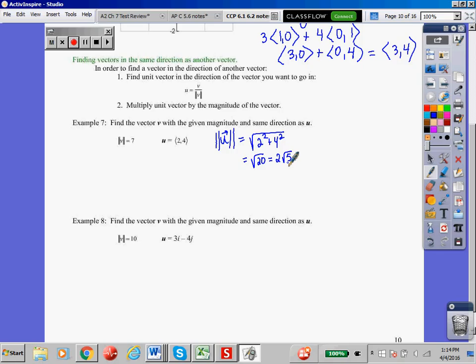So, what I know then is my unit vector is vector u over the magnitude of u. So it's 2 comma 4 over 2 square root 5. So that's 2 over 2 square root 5, comma 4 over 2 square root 5.